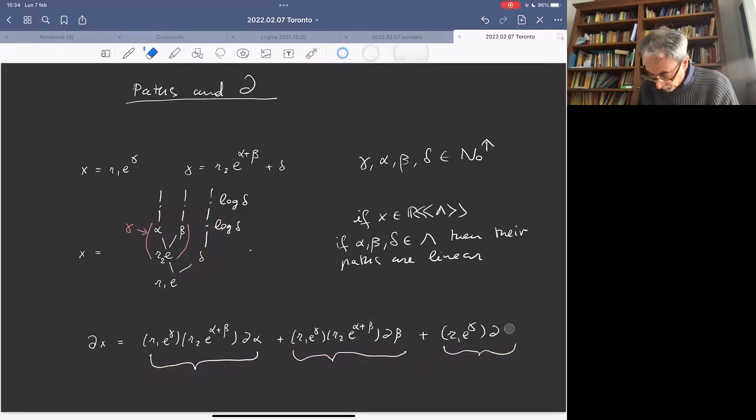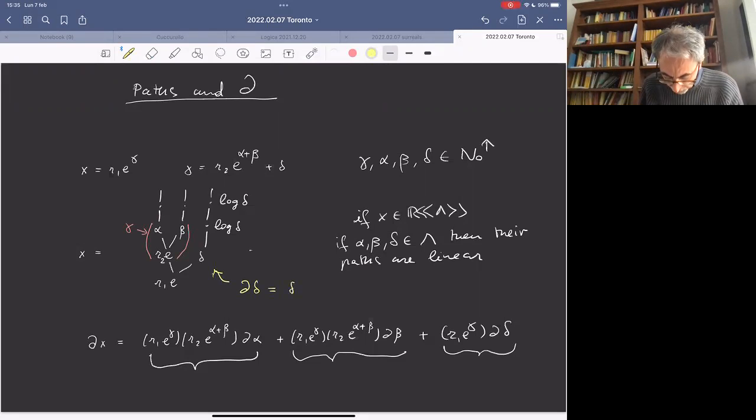Why will it not change? Because here, sorry, there is a mistake here. Here you have put delta, right? Yes. Because the derivative of delta, if delta is logatomic, delta will be e to another logatomic.